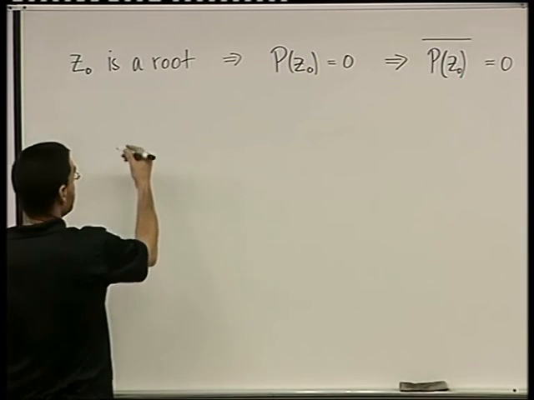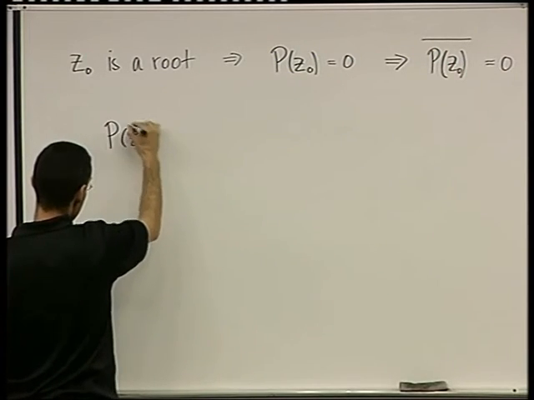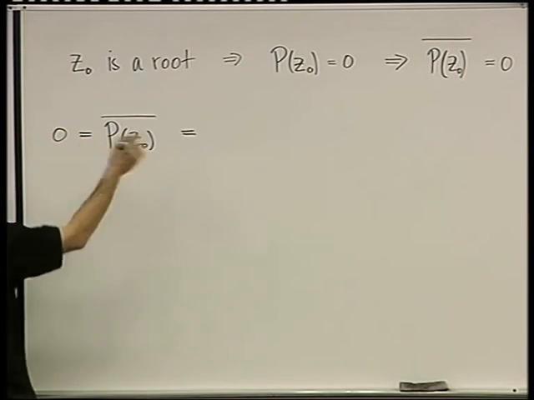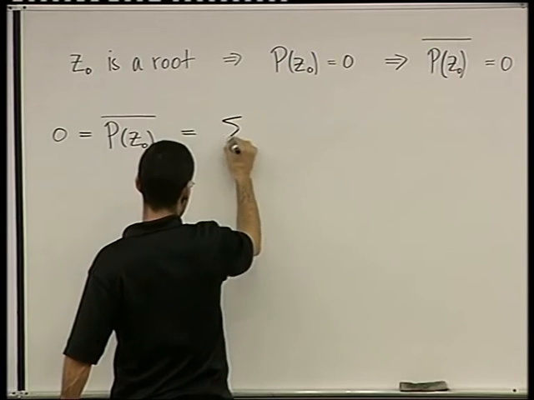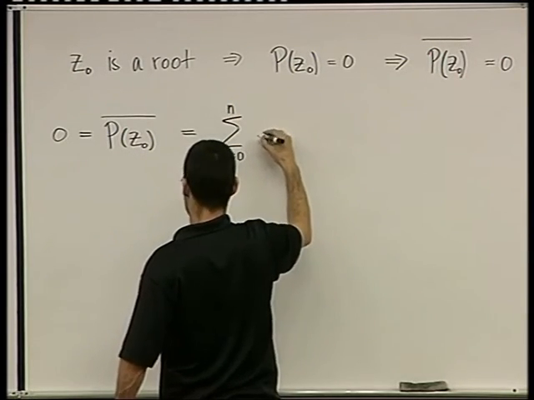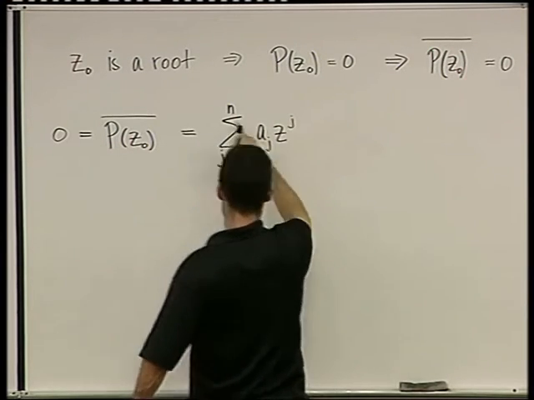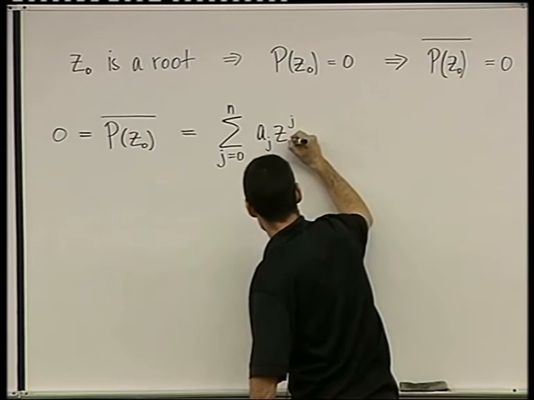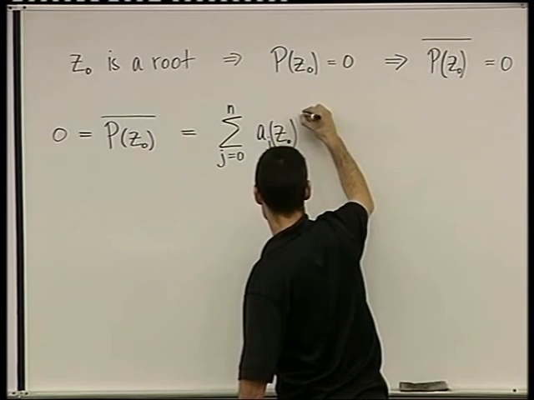So let's do it. So p of z0 bar, what is that? On the one hand, it's 0. That's what we just said. On the other hand, this is the sum, j equals 0 to n, of a_j z to the power j. This was p, but now we plugged in z0, so it's z0 to the power j.